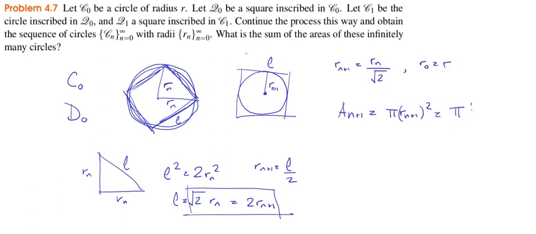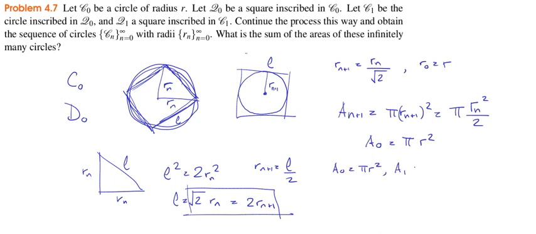This is pi times r_n squared over 2. And we know that a sub 0 is pi r squared. So with this recurrence, it's easy to write a sub 0 is pi r squared.